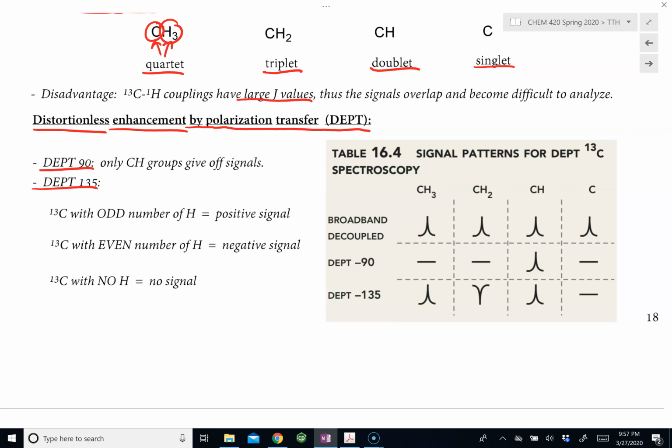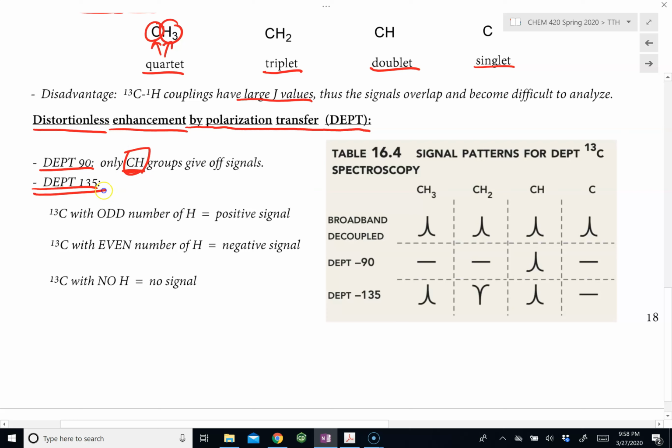For example, if we apply DEPT 90, only carbons with one hydrogen on them will give a signal. We will not see signals for carbons that have two or three hydrogens on them. Again, only carbons with one hydrogen will show up in DEPT 90.